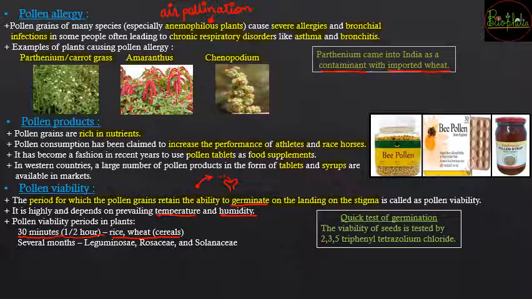जबकि families like लेग्यूमिनोसी और रोजेसी और सोलानेसी फैमिली, these families के जो members है, they have their pollen viability about several months.